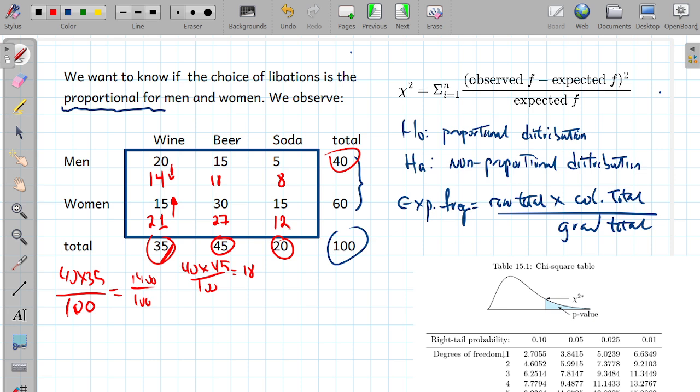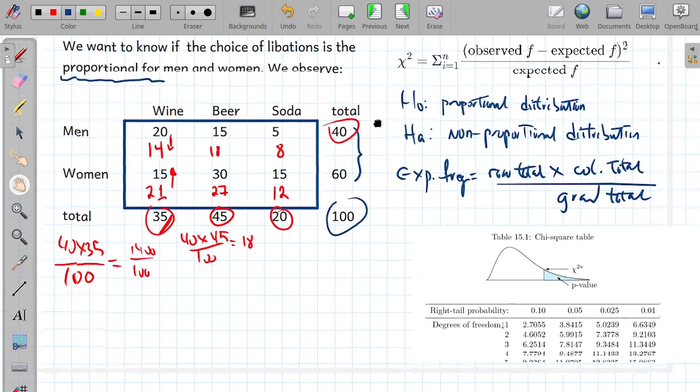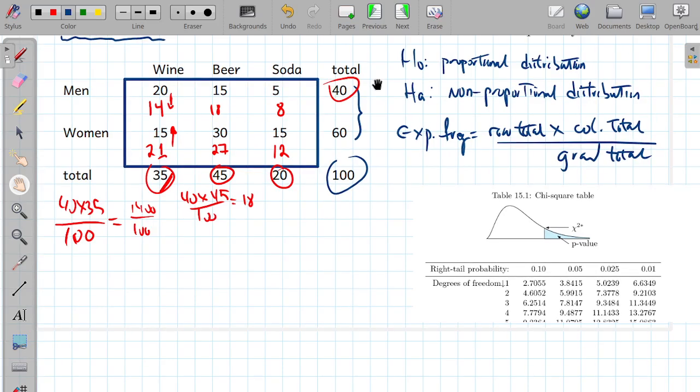Now, let's figure out our test statistic. There's 6 cells, and we do have to do all 6 this time because the row totals are not the same. We need a little bit of room. Okay, what do we got? So for the first one, we have 20 minus 14 squared divided by 14.